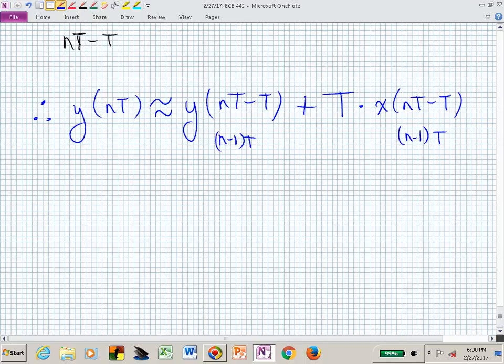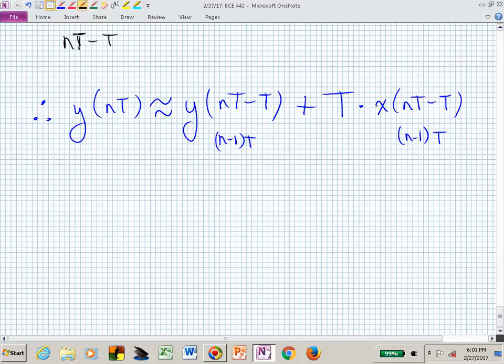Once you start getting some area under the curve, that gets remembered, and then you add on a little bit more. It's just T times x at time (n minus 1)T. And now you know how to find the area under any curve x of t that somebody might hand you. You just need to sample that x of t and put it into this approach. It would now be the forward rule that you would be using.